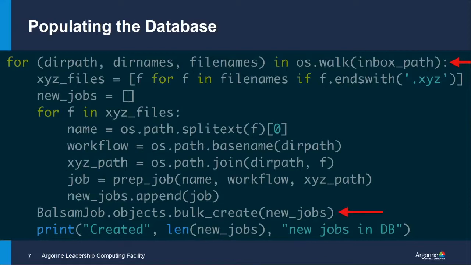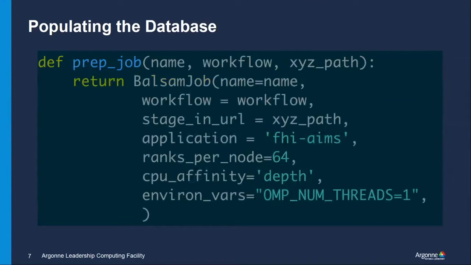For each input file that we find, we're creating a Balsam job object here with this helper, and then using this bulk create functionality to insert jobs into the database. And then this is really nothing but defining a Balsam job in this way. And again, all of these keyword arguments match the options that are available from the command line.